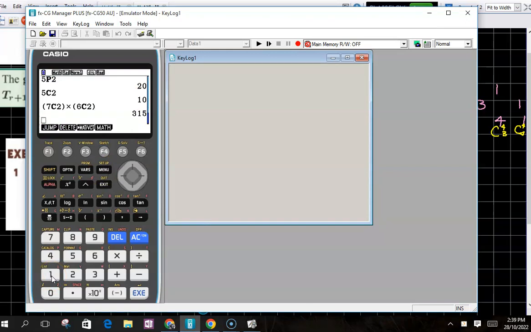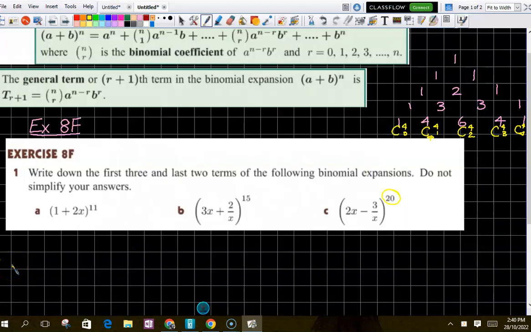Option, more, prob. And so then if we went for C1, boom. So now we don't have to do Pascal's triangle all the time. We can just use our calc. Happy with that? Excellent.